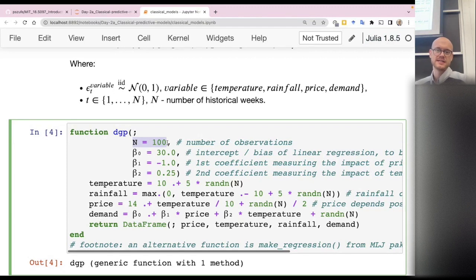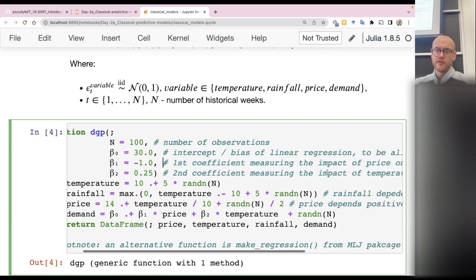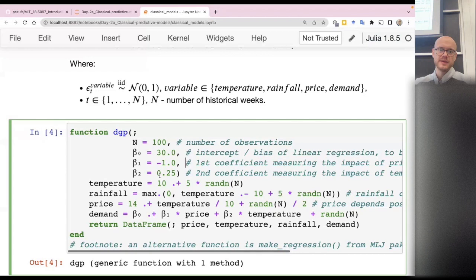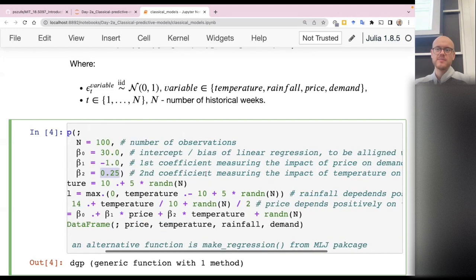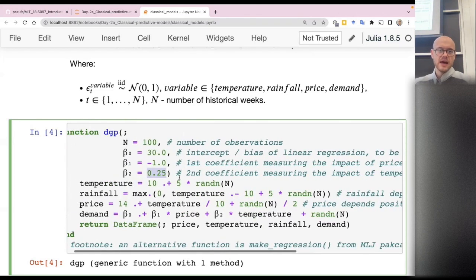Beta 0 is the intercept, sometimes called bias in the deep learning literature. And finally, we have those two coefficients: beta 1 equals -1, the impact of price on demand, and beta 2 equals 0.25, which measures the impact of temperature on demand.